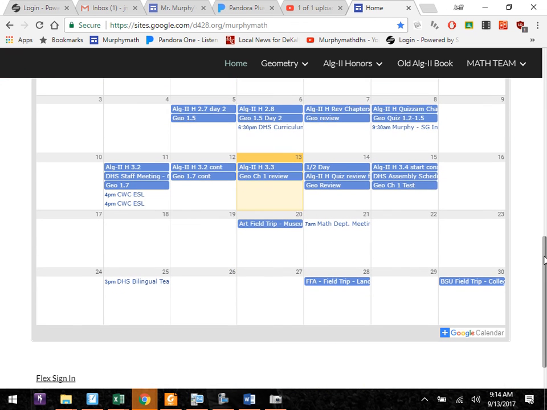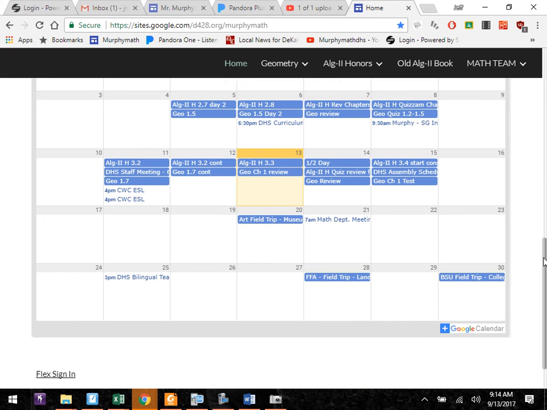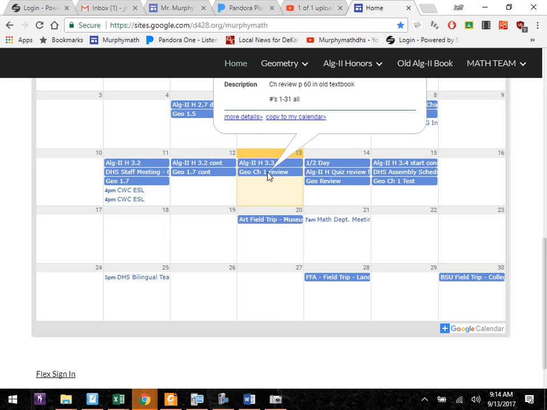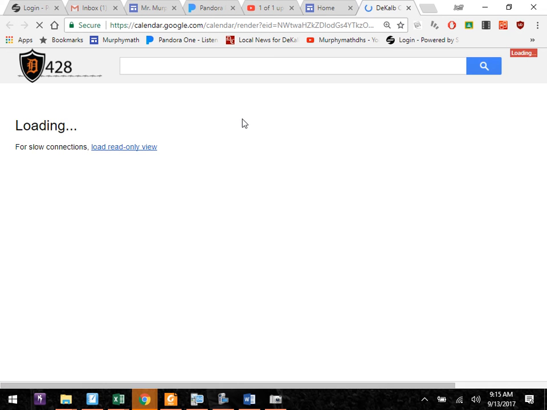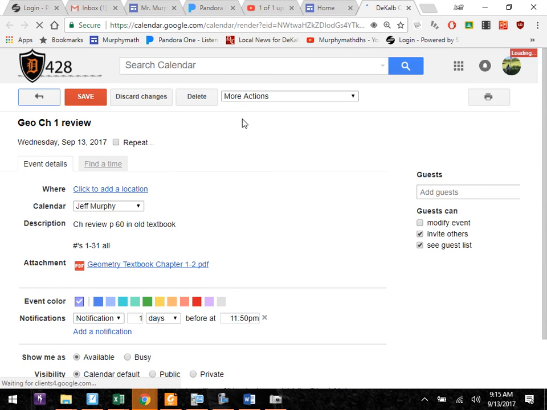What I've done here for tonight says Geometry Review, page 60 in old textbook. Now, remember, always click on where it says More Details. If we click on this More Details, eventually it'll show up where it says PDF Geometry Textbook. Everybody see that? This is where I need you guys to click to get to where we're looking.